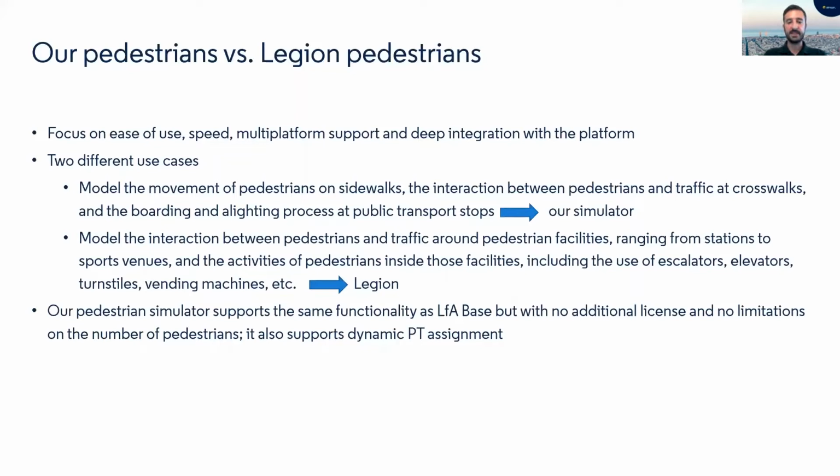No separate license is needed, plus the idea of building our pedestrian simulator, in fact, allows us to offer deep integration with other mobility options. In this case, to develop, for example, the following feature, which is the dynamic public transport assignment feature.